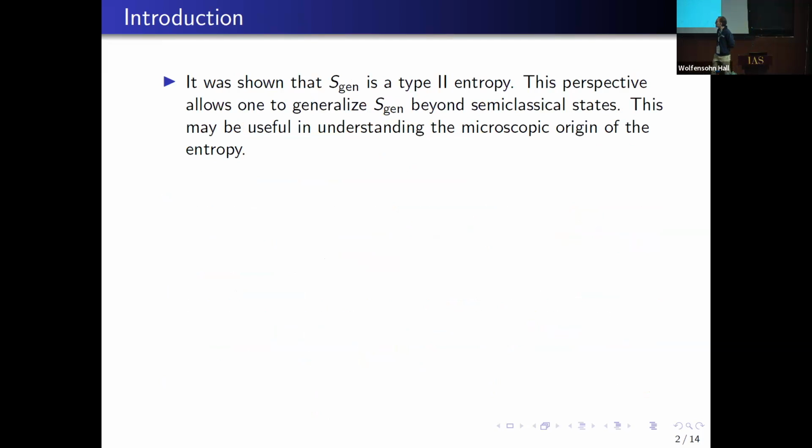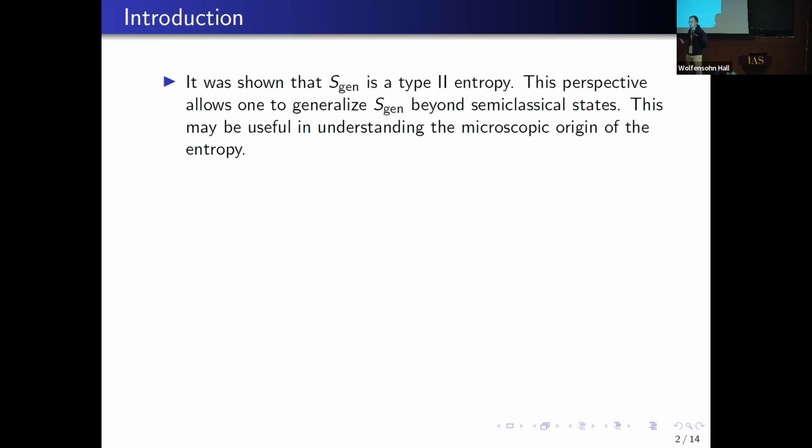Good. So this perspective that generalized entropy is type 2 von Neumann entropy is actually quite powerful because it allows one to talk about generalized entropy beyond the semi-classical regime. So in particular, the papers I mentioned on the previous slide computed type 2 von Neumann entropy and made a match with generalized entropy. They did so for a particular class of semi-classical states.